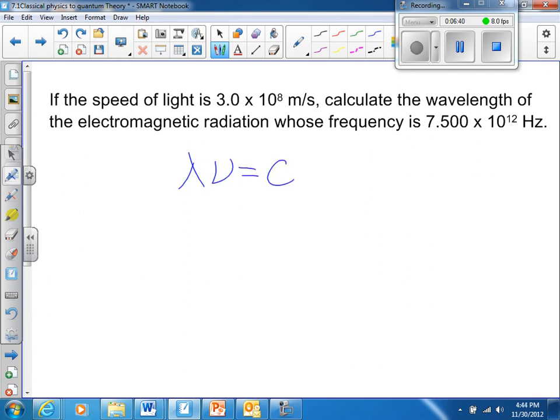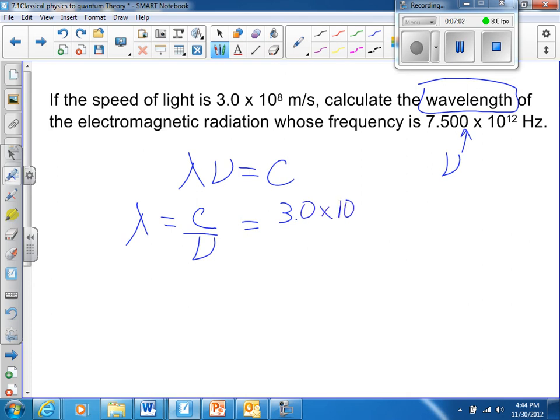Okay, we need to assign our variables. Lambda is the wavelength. That's what we're trying to find, so that's the unknown. Our frequency is nu, and we know the speed of light. I'm going to isolate lambda, because that's what I'm looking for, and plug in my values. 3.0 times 10 to the 8th meters per second.